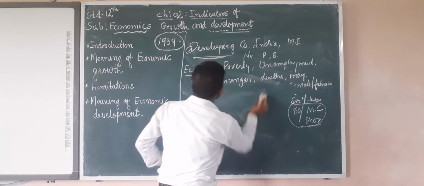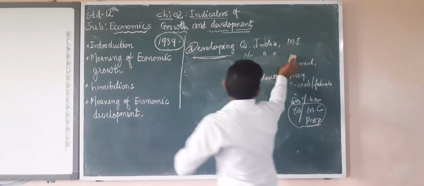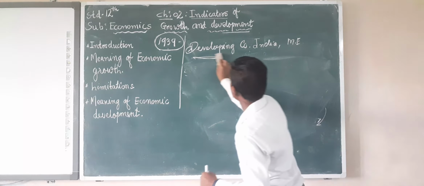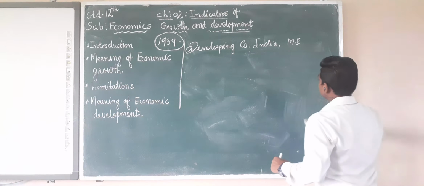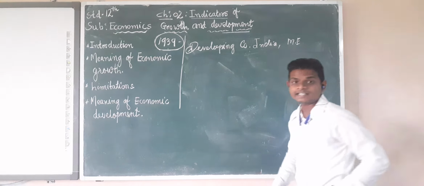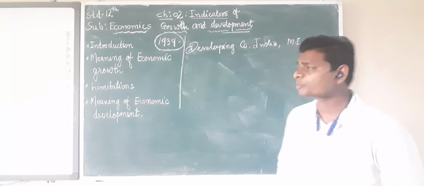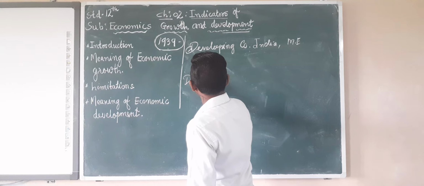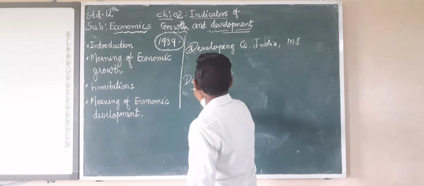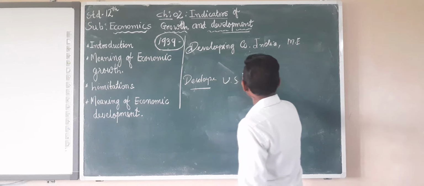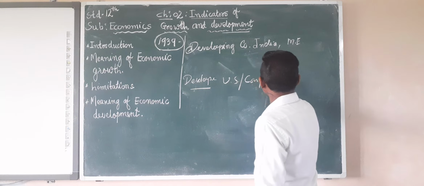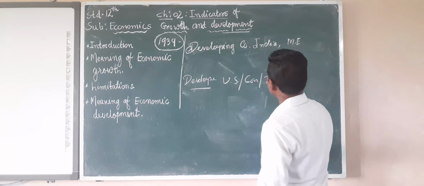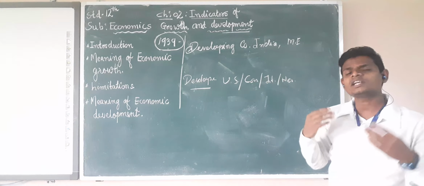Let me give you one more example. Developing countries, what they were doing, very easy to understand. Developed countries like US, Canada, then Italy, New Zealand, they are totally developed.